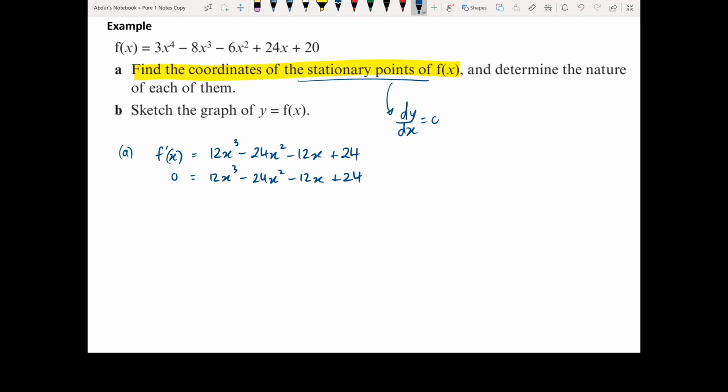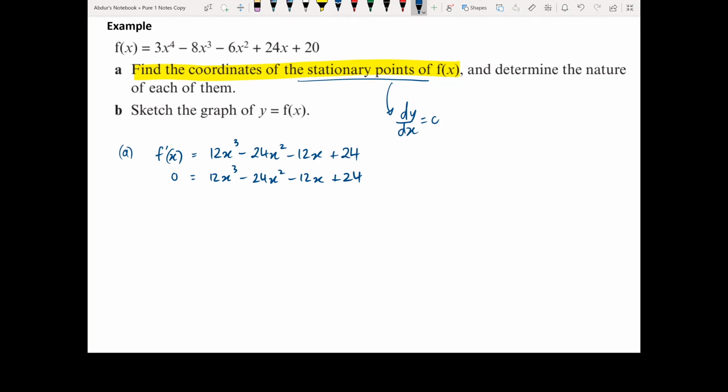And we can go ahead and use the factor theorem to try and find that. We've also got a function on our calculator which can be used, where we can use the equation function, and we choose a polynomial of order 3. The coefficient of x cubed here is 12. The coefficient of x squared is minus 24. The coefficient of x is minus 12. And the constant term is 24.